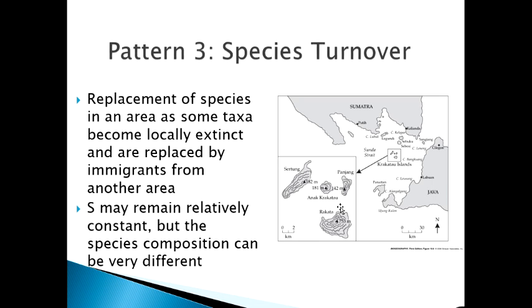An island, because of its area and its isolation from the larger mainlands, typically has a constant number of species there. So you'll have things go extinct, but immigrants replace them continuously in a turnover fashion.